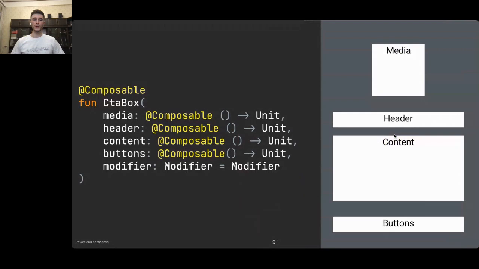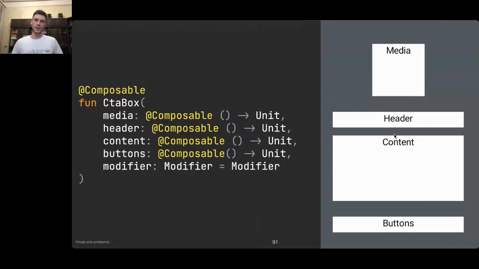So for this, we just pass a composable function and we can draw anything in it. And the layout itself would be a vertical layout, a column, with some arrangement parameters. And then we invoke our parameter composable functions, which are going to draw the content and apply the spacers between them for the media, header, content, and the buttons on the bottom.